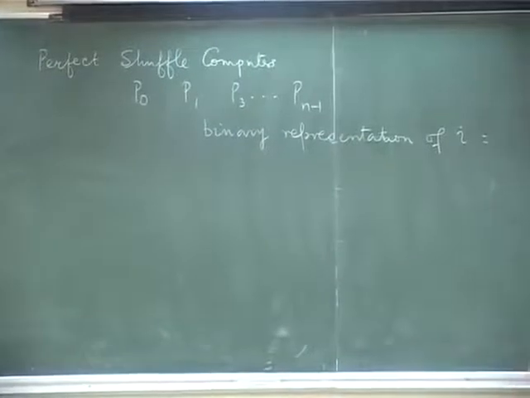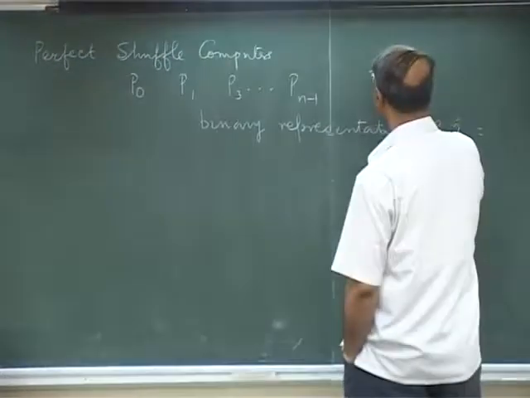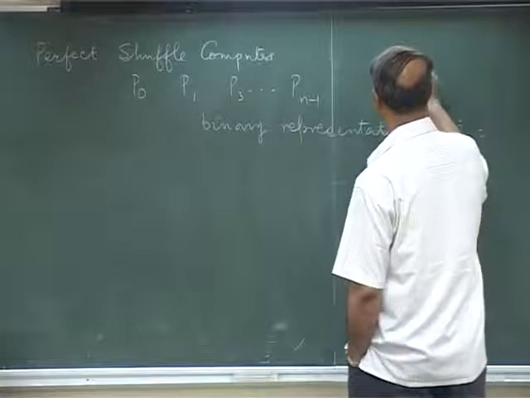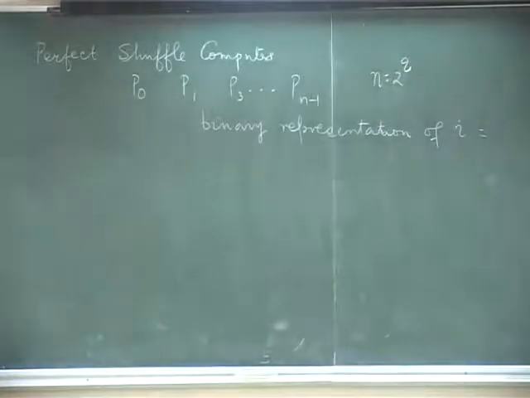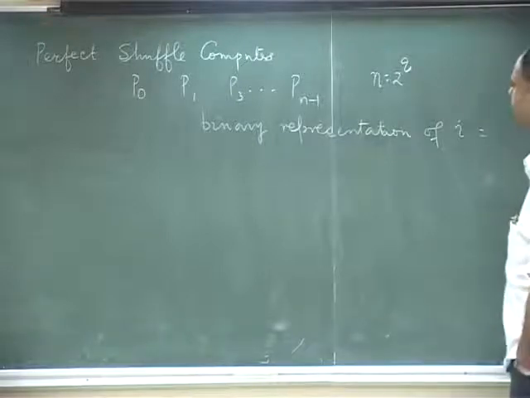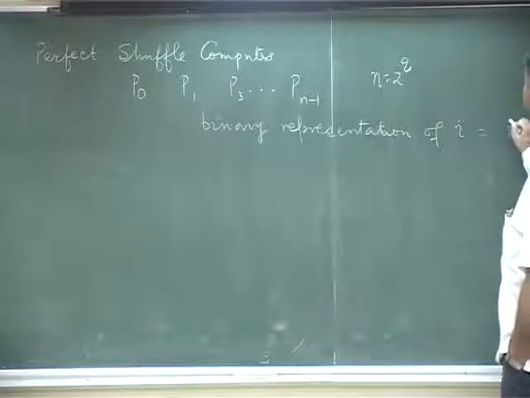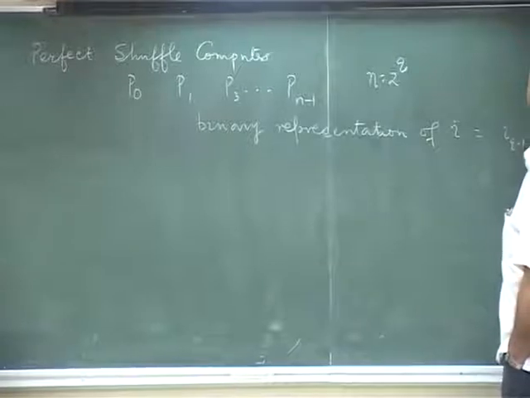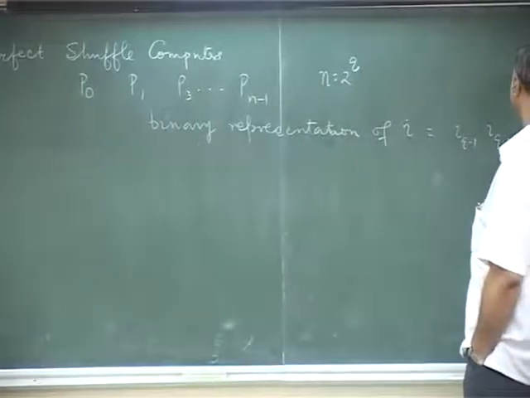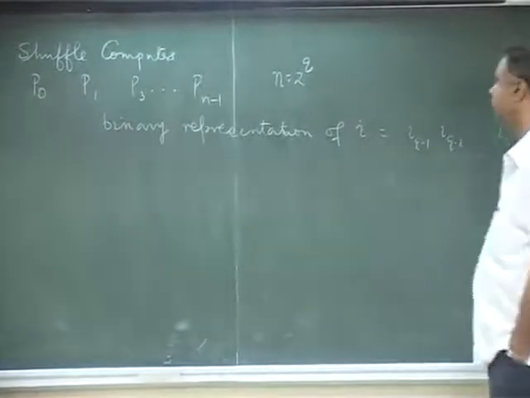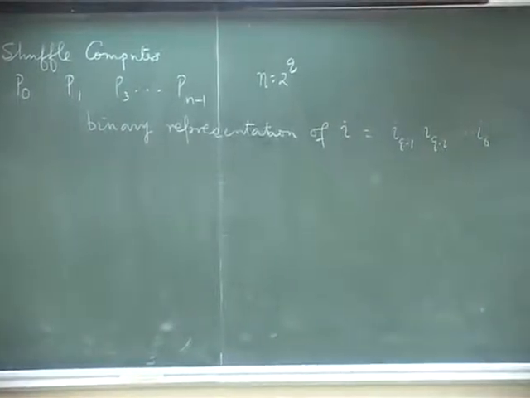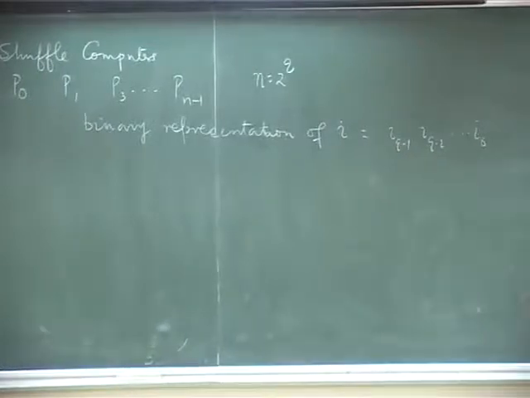So for simplicity, let us assume that n is equal to 2 to the power q, right? If n equals 2 to the power q, can you tell me what should be the number of bits? Yes, there will be q bits, and let us assume that i_q-1, i_q-2, down to i_0.